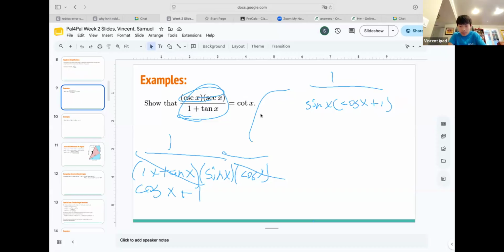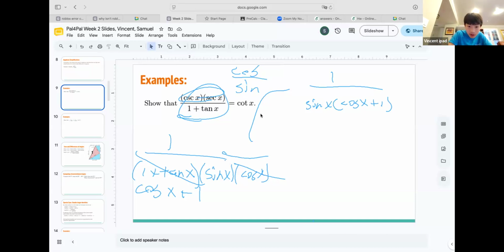You do basically the same thing as last time, I think. You multiply by... Okay, so our goal is cotangent, which is cosine over sine. Did I do something wrong?